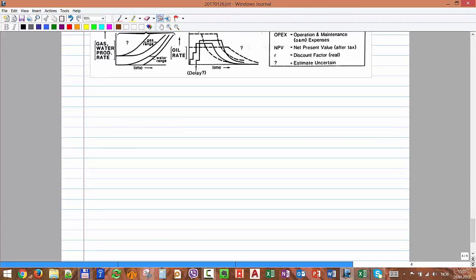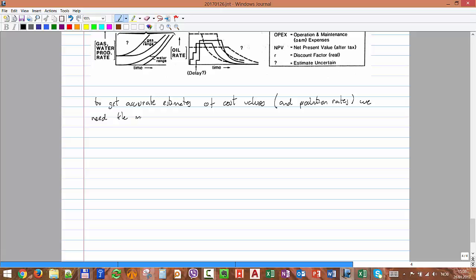So how do we get estimates at an early phase of the project? To get estimates of cost values, and revenues, so production rates, we need the input from the following specialists.